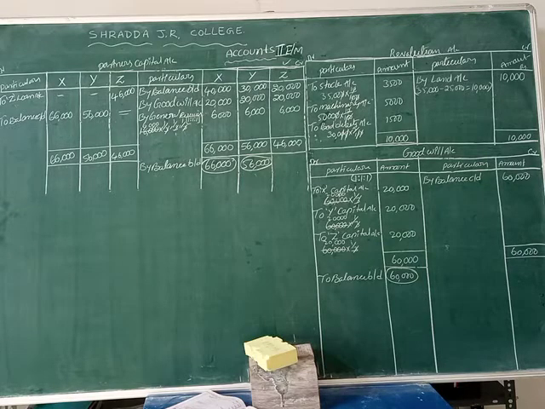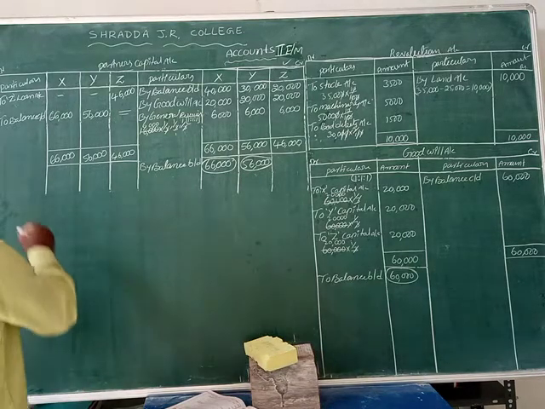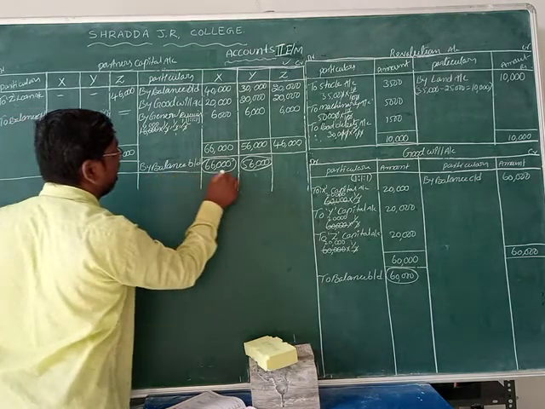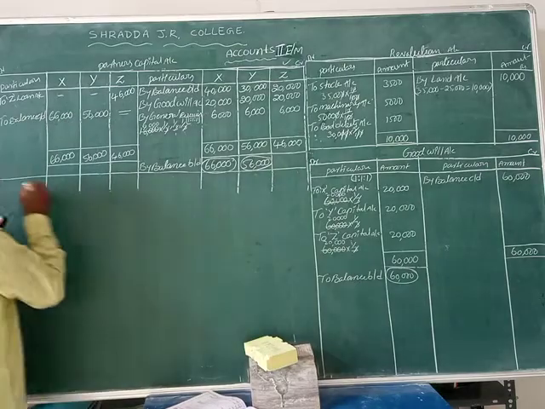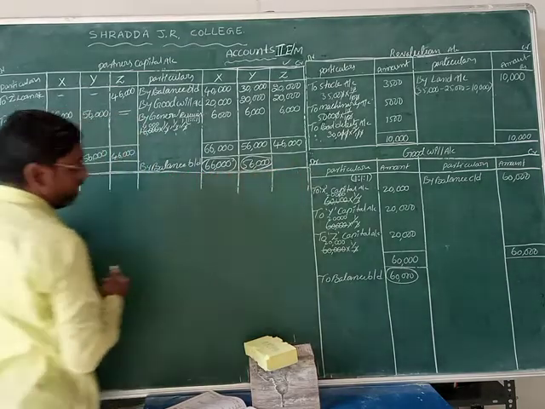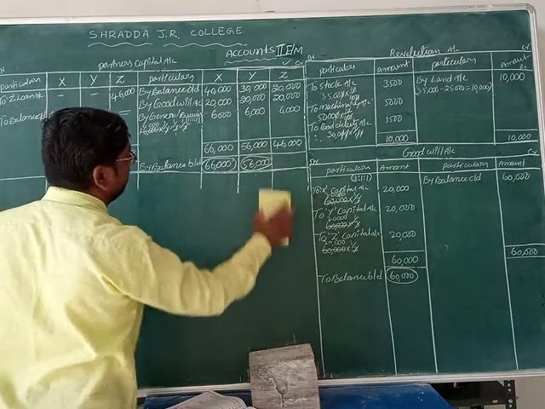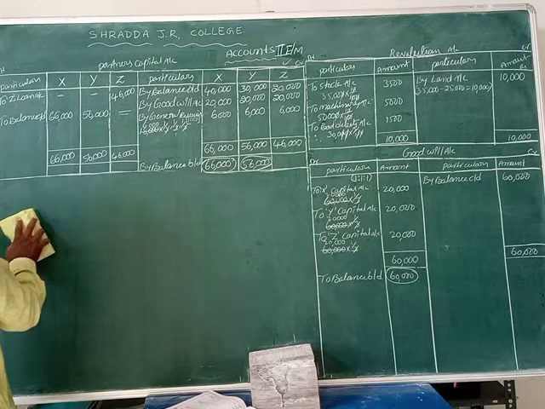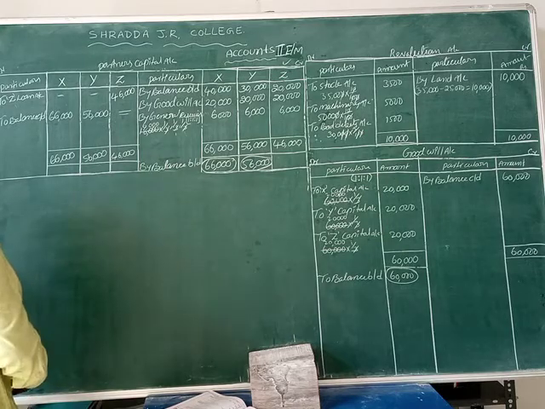Only two members, X and Y. Partner Z is out of the business. So this is the partners' capital account, friends. Okay, so now the partners' capital account is completed, students.